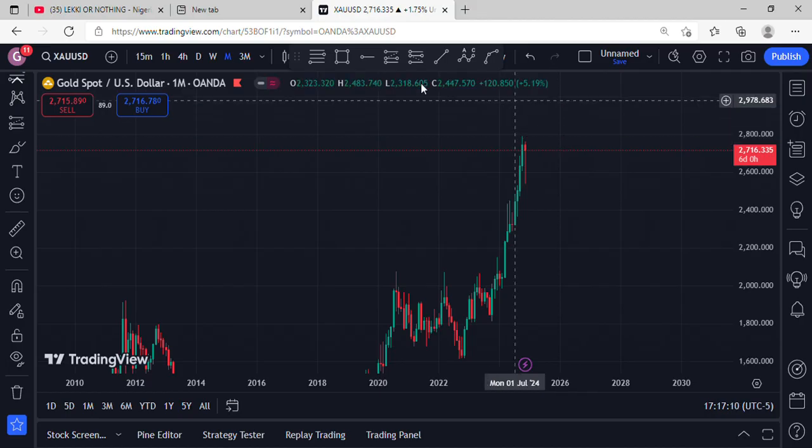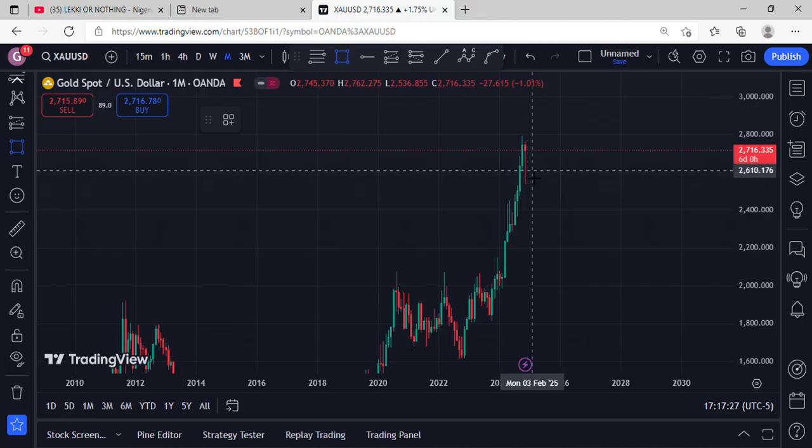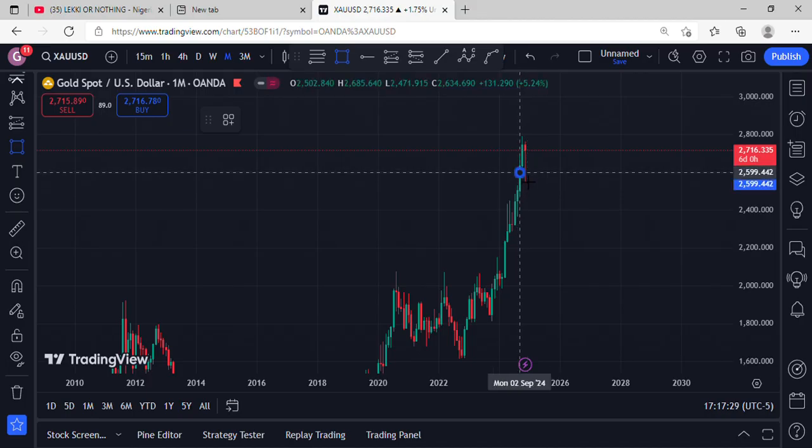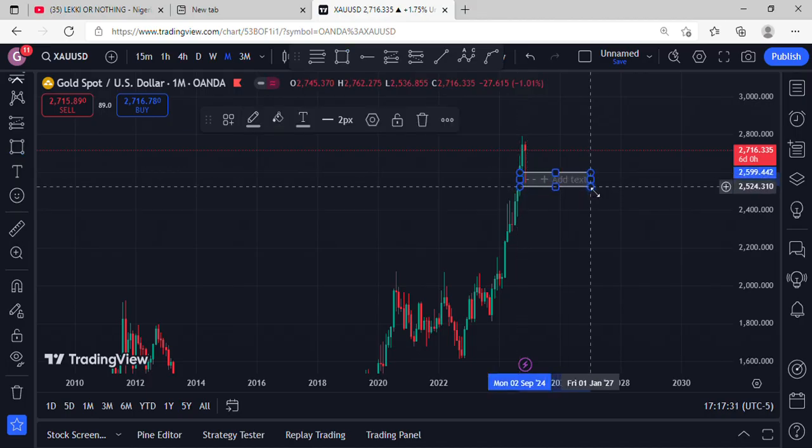So starting on the monthly time frame, what I always like to do first is to determine the direction in which we'll be going, or the bias, because without the bias you could make bad decisions which would affect your trades. And so starting on the monthly, this is what I see.